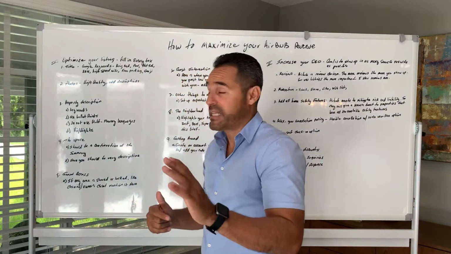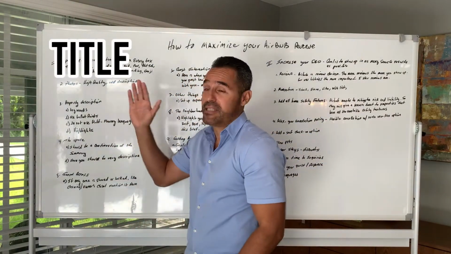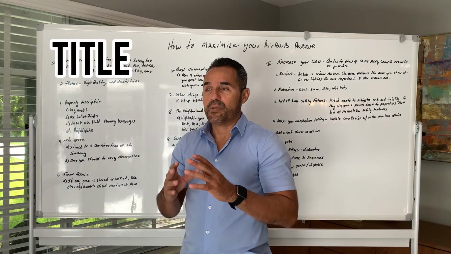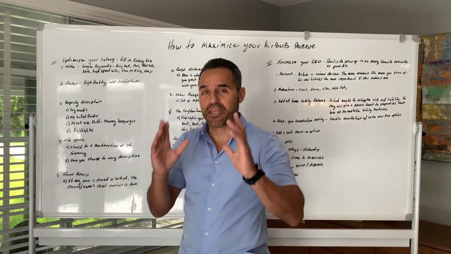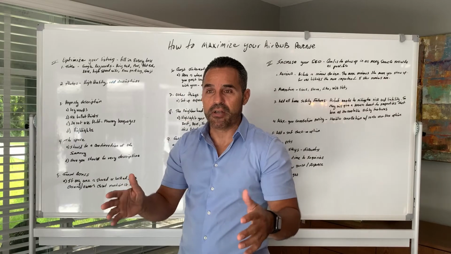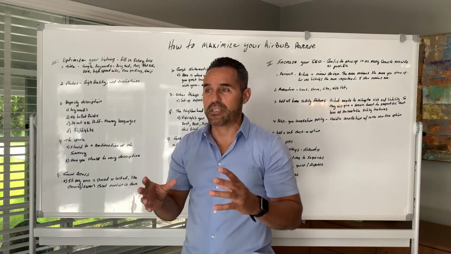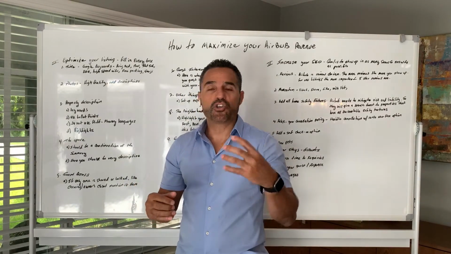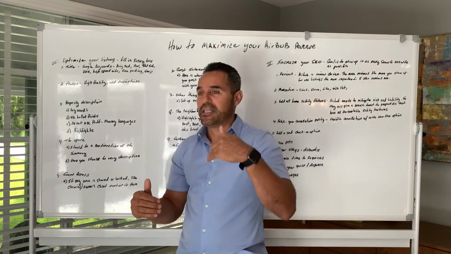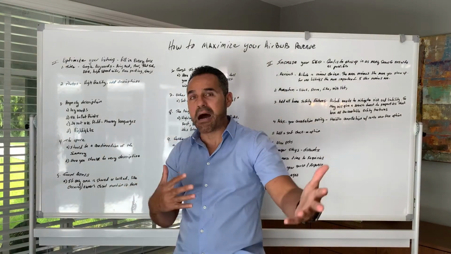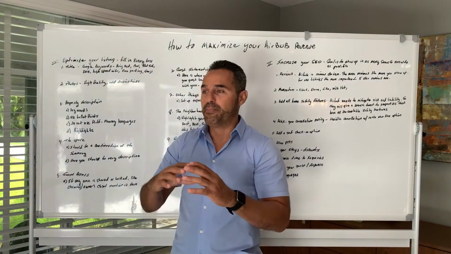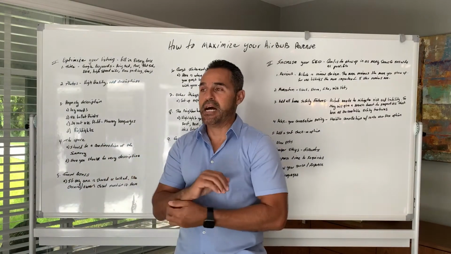So the first thing in that listing is going to be the title. A lot of people spend a lot of time thinking about an ideal title, and they use titles like this: charming cottage in the woods or in the mountains, or beautiful beachfront property.